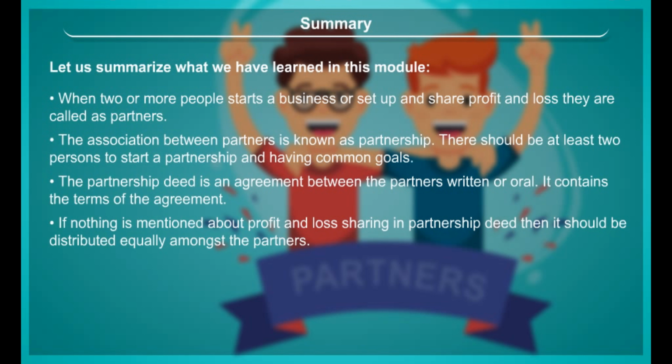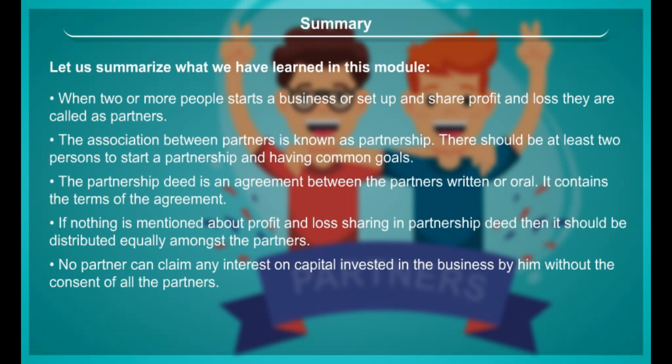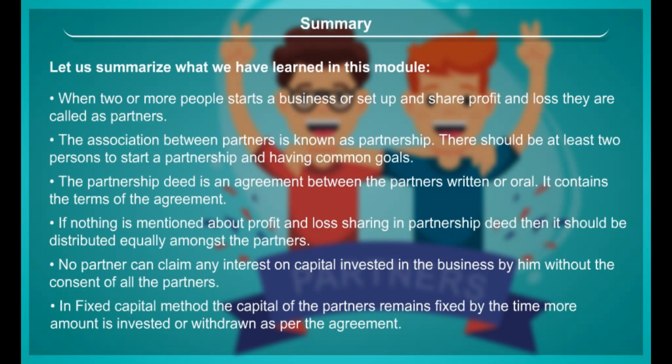If nothing is mentioned about profit and loss sharing in partnership deed, then it should be distributed equally amongst the partners. No partner can claim any interest on capital invested in the business by him without the consent of all the partners. In fixed capital method, the capital of the partners remains fixed until more amount is invested or withdrawn as per the agreement.